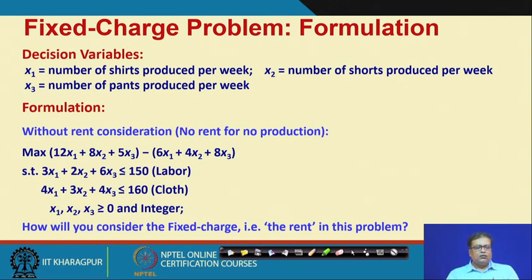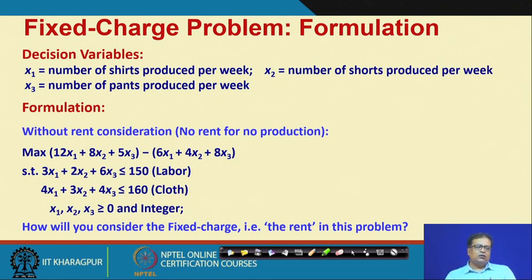You see what you can do, the rest of the things are easy to model. Without rent consideration you can simply take the 12 x1 plus 8 x2 plus 5 x3, which are like revenue, and 6 x1, 4 x2 and 8 x3, they are like cost.